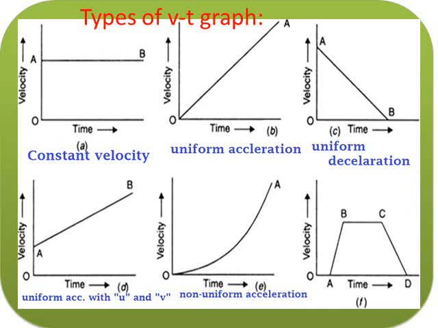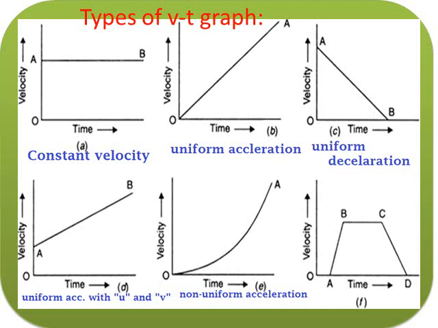Now pass on to the graph B. The line is a sloping line, a slanting line, as we had seen in the distance time graph. There it was for distance and time, now it is for velocity with the time. So what do you get when velocity is being divided by time? Obviously, it is acceleration.